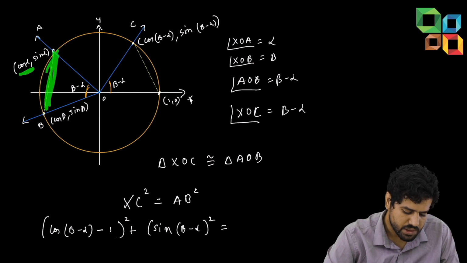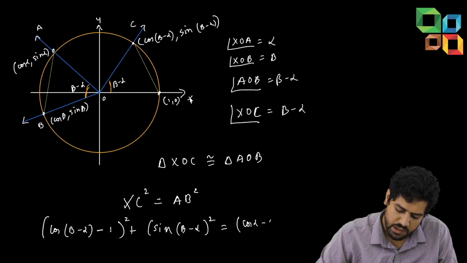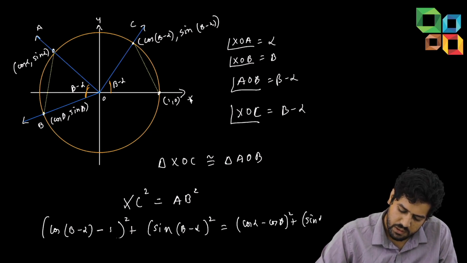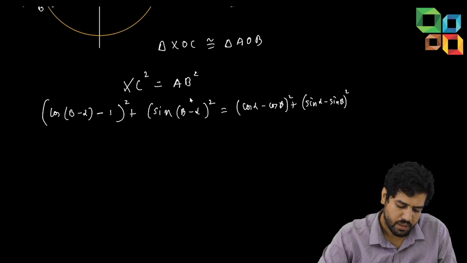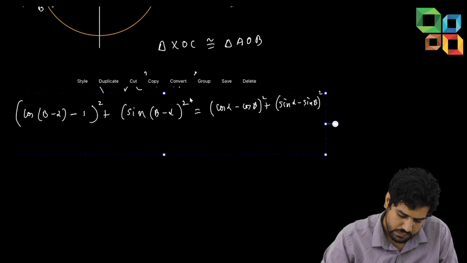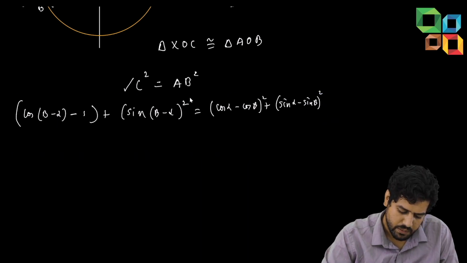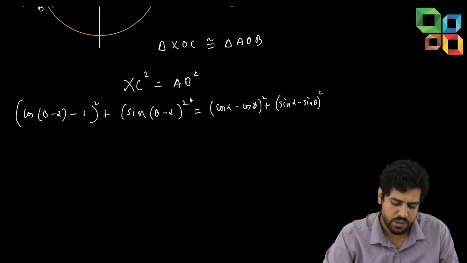Nothing but x2 minus x1 the whole square, which is cos alpha minus cos beta the whole square plus sine alpha minus sine beta. Okay. So let me just move this. So we have this whole square is equal to this whole square.